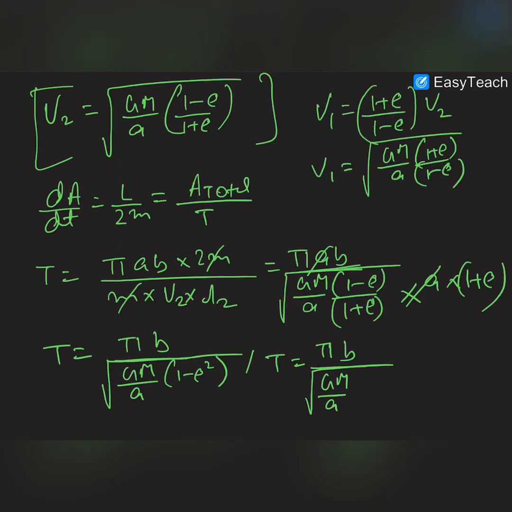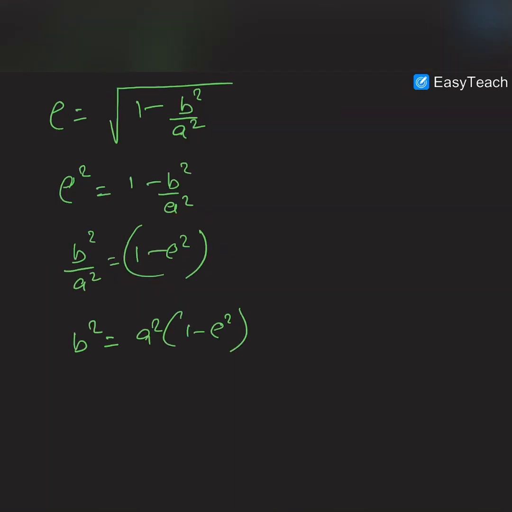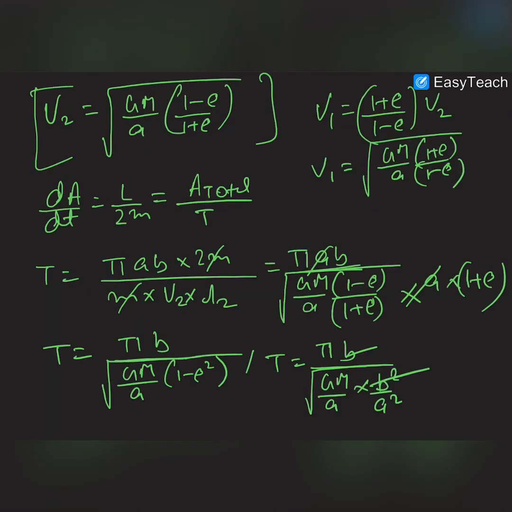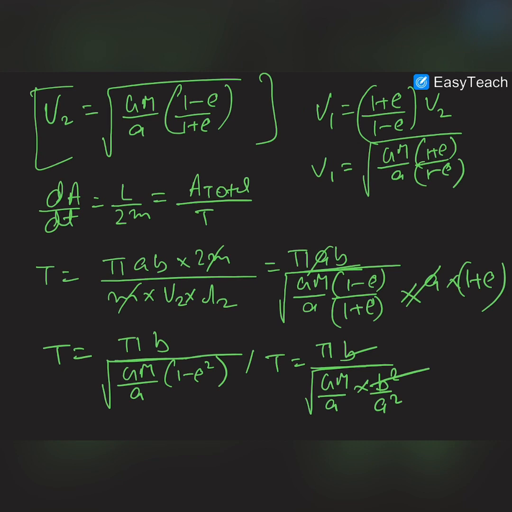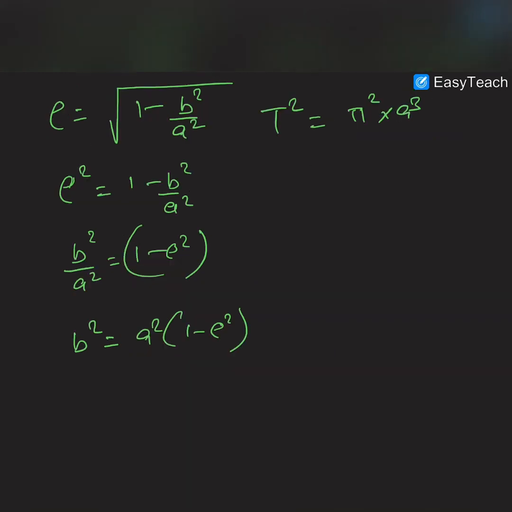So it would be into b square by a square. So this b square will be cancelled out and T square will be equal to pi square into a cube divided by GM.